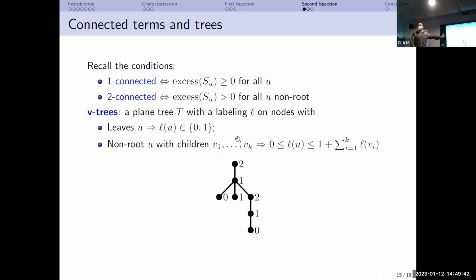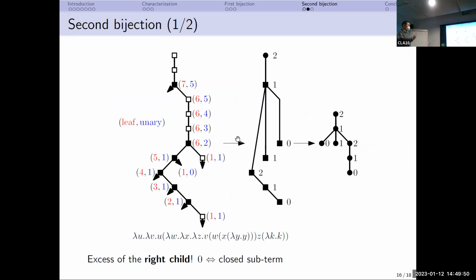But it can go down to 0. And you can see that this is really close to lambda calculus because we are going to do exactly the same bijection. Well, more or less.